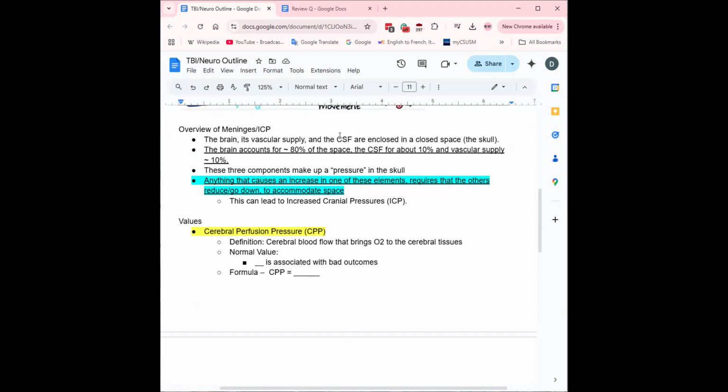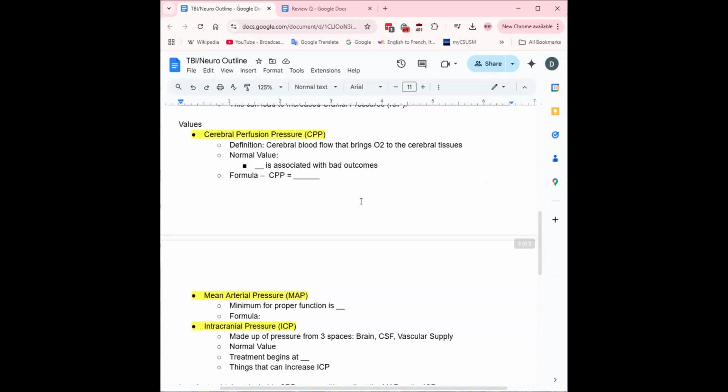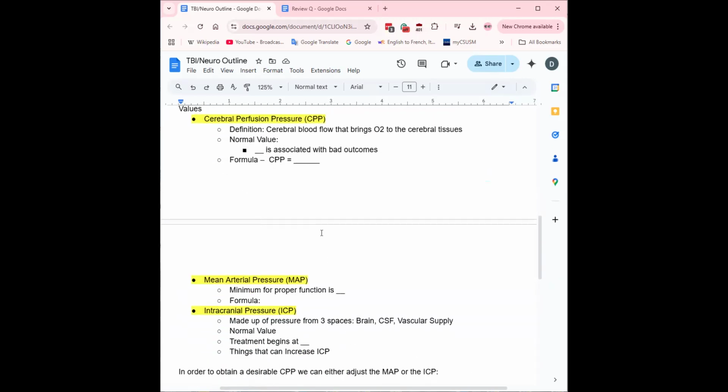When one of them is out of whack, it can give you increased ICP, and you can try to fix it by manipulating some of the other ones in various different ways, as we'll look at below. But that's pretty much all you gotta know, really, is that they play with each other, which goes in line with this formula here.